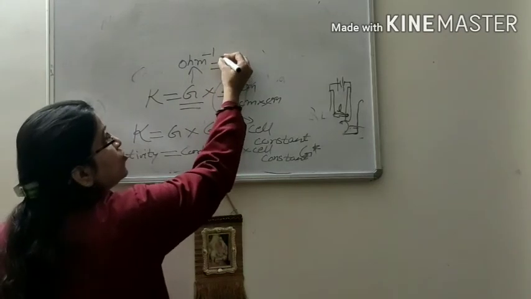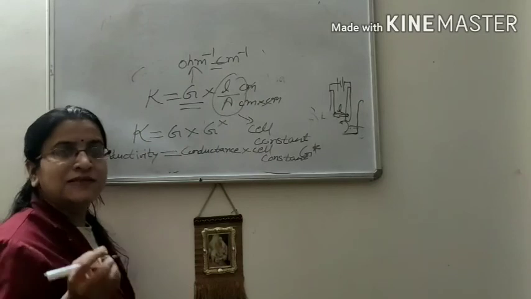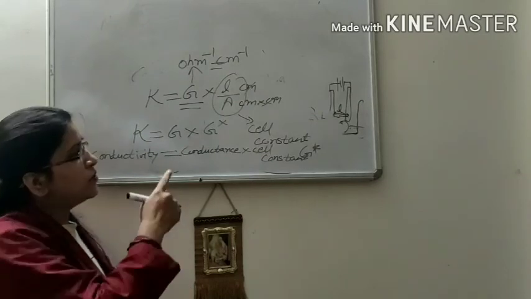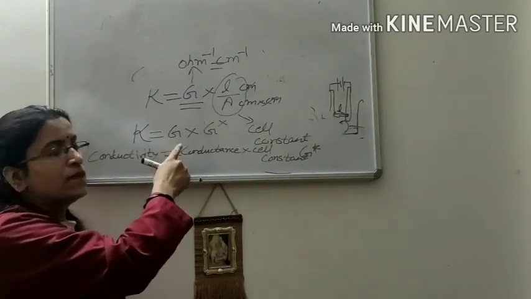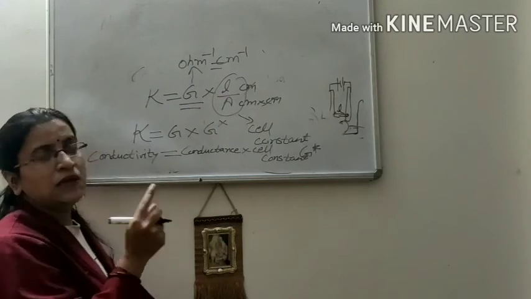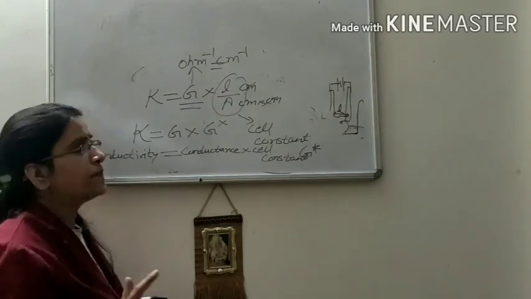So the unit of kappa is ohm inverse centimeter inverse. Clear? So in this way you get the formula as well as the relationship between conductivity, conductance and cell constant.